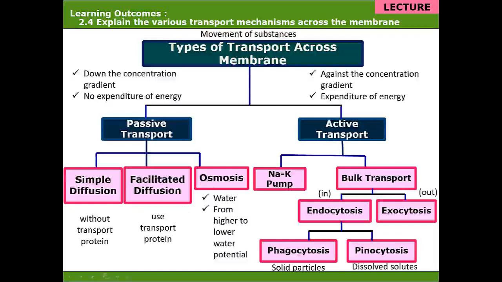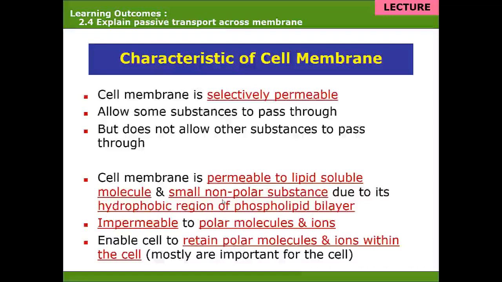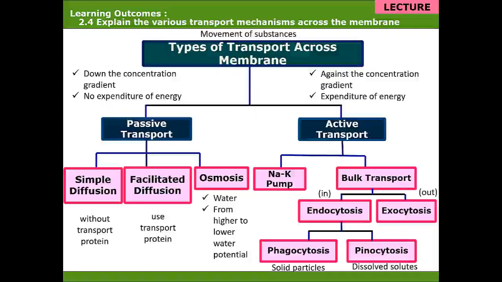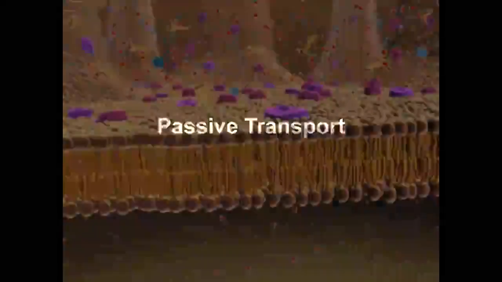And lastly, osmosis is a mechanism that transports water molecules across the membrane from higher to lower water potential. Let's watch a short animation to illustrate the passive transport across the membrane.